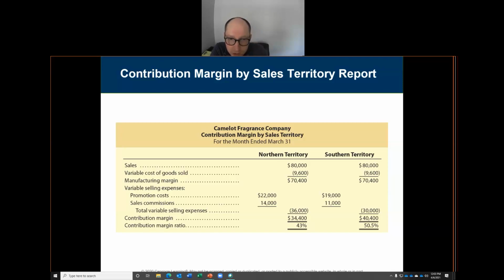These are the types of reports that we would look at to understand that type of information. This one's called the contribution margin by sales territory. Basically, it's the same as we've seen before, a contribution margin report, and it helps us to understand it by territory, also known as by segment.